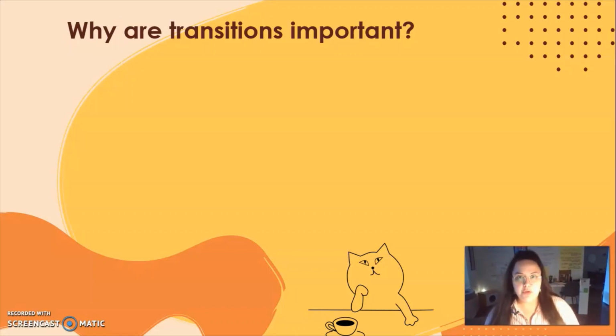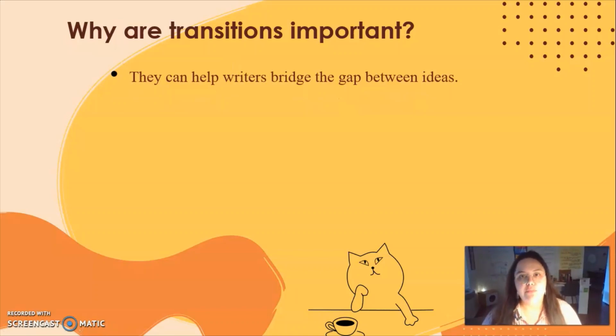Second, put both legs into each pant leg. Next, put on your jacket. Finally, put on your shoes. So transitions are really important to go from idea to idea. They can help writers bridge the gap between ideas. Transitions allow you to go from one idea to the next and on and on.